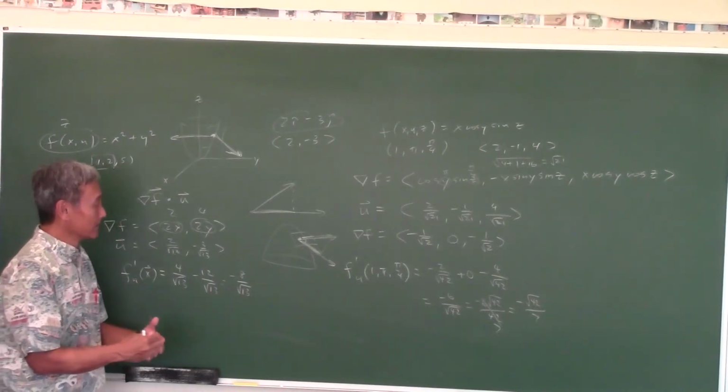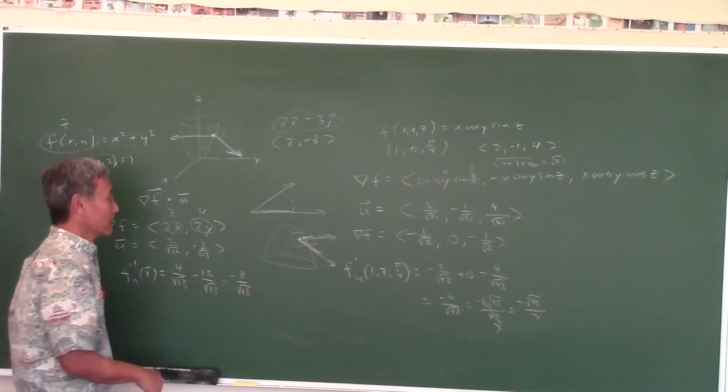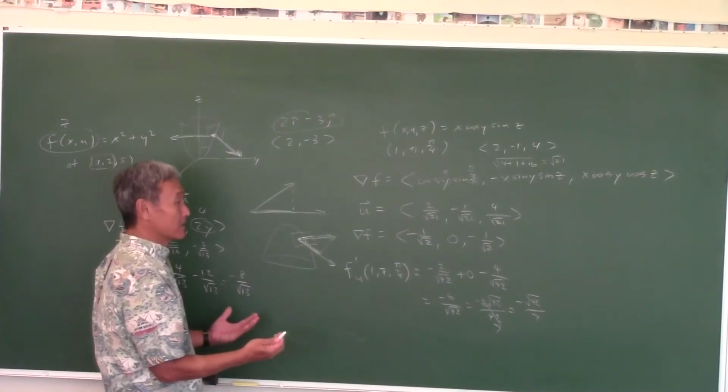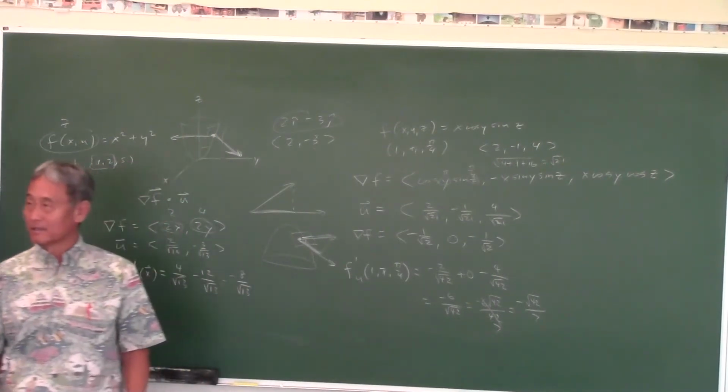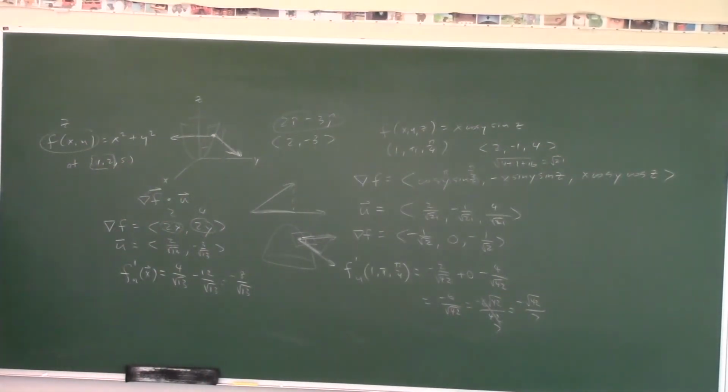Why is the rate of change then the magnitude of the gradient?